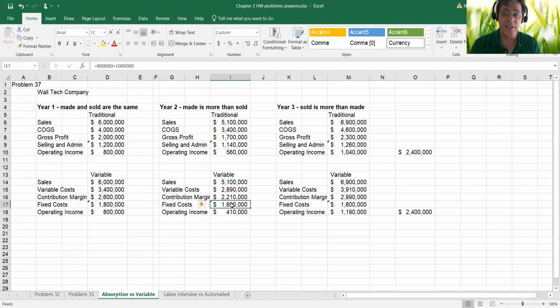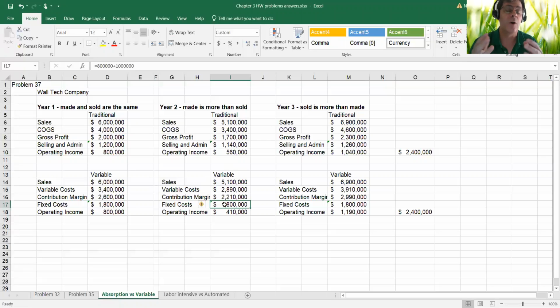That means 30,000 are still in inventory, right? If you made them but didn't sell them, they're sitting around in finished goods specifically. All right. Those finished goods under the variable costing do not have any fixed overhead assigned to them. Okay. All of the fixed overhead is treated as happening this year.